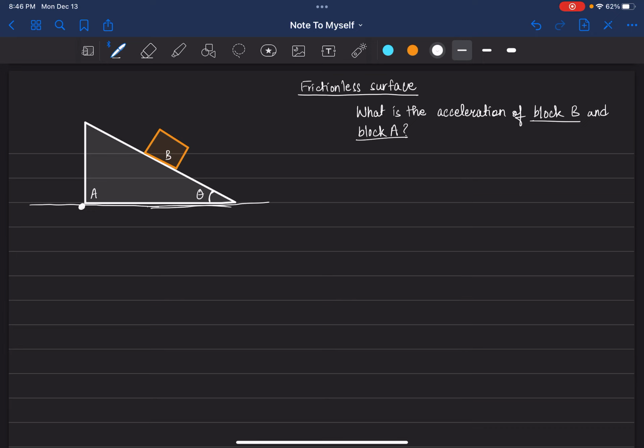And in this case, I'll be doing the problem with respect to a person looking at this whole system from the ground. So the frame of reference is with respect to the ground.